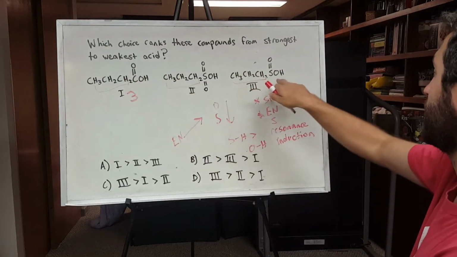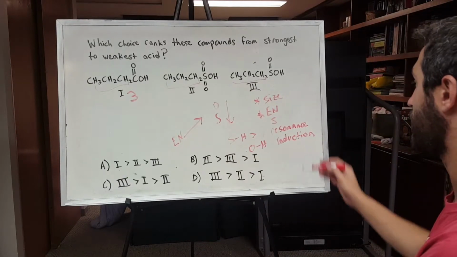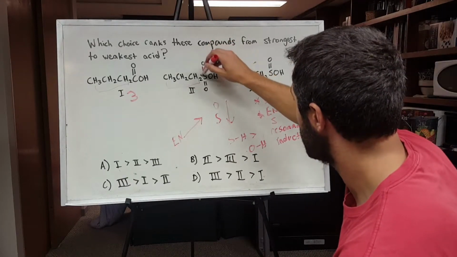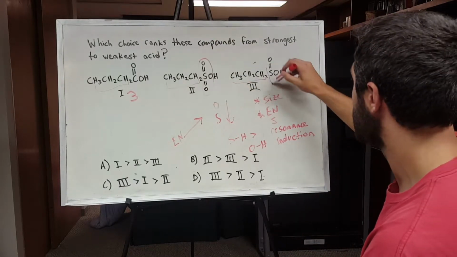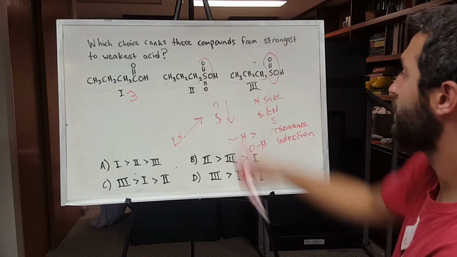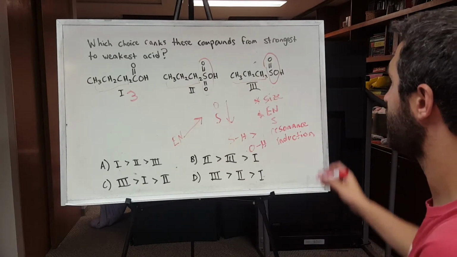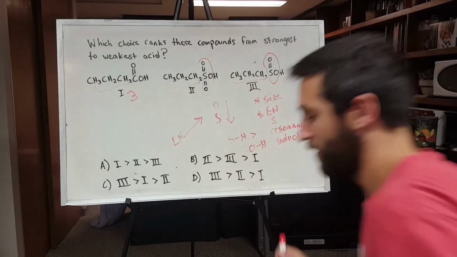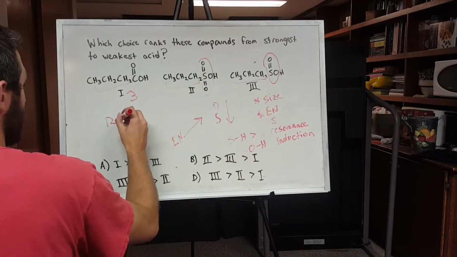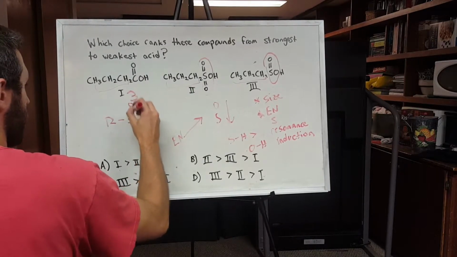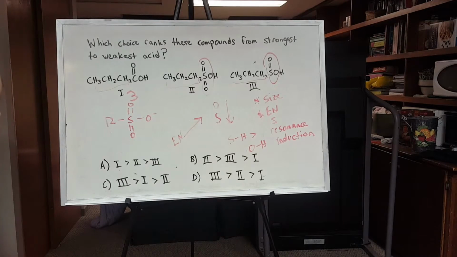And then these both have S's. This has extra this. So this group that's attached to the proton is more electronegative than this group, right? It has another double bond O. So when this guy loses its proton, it will be R, S, O, O, O minus, right?